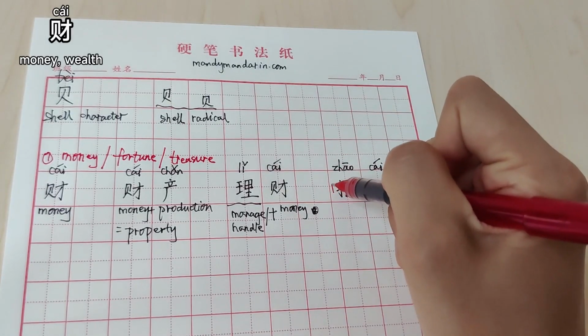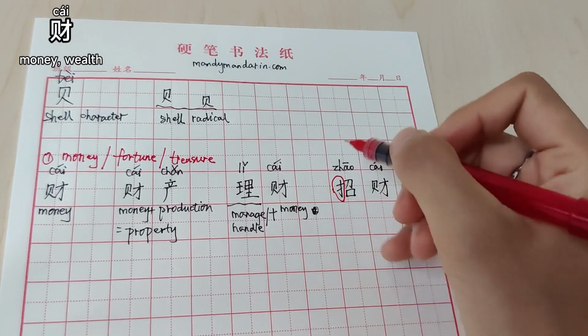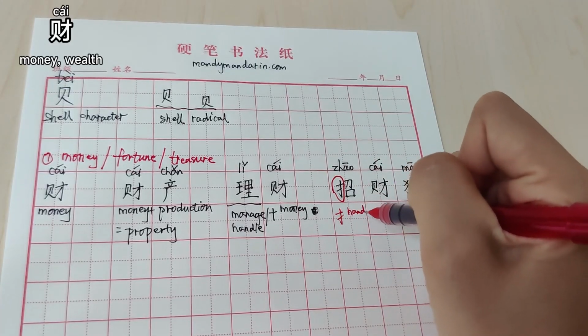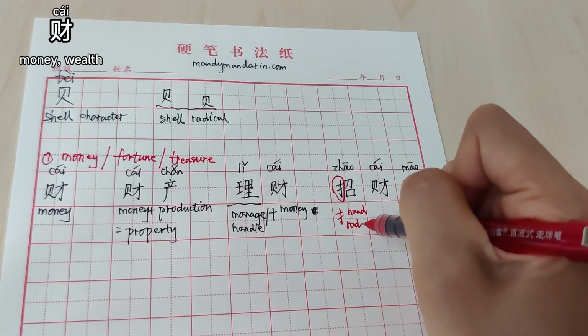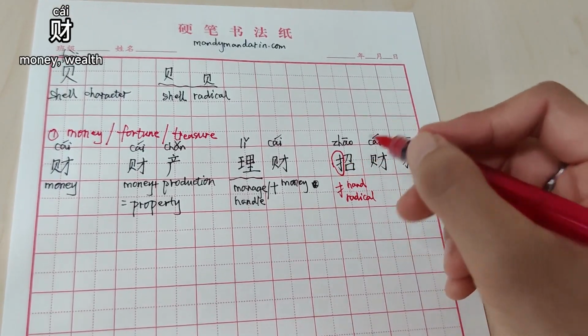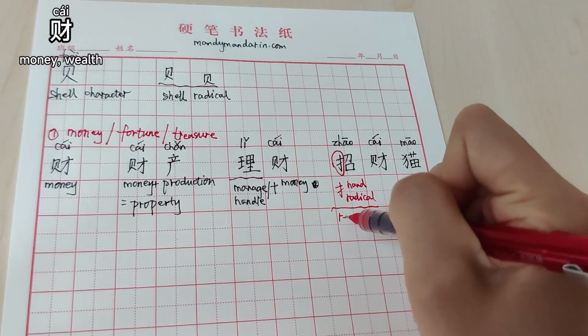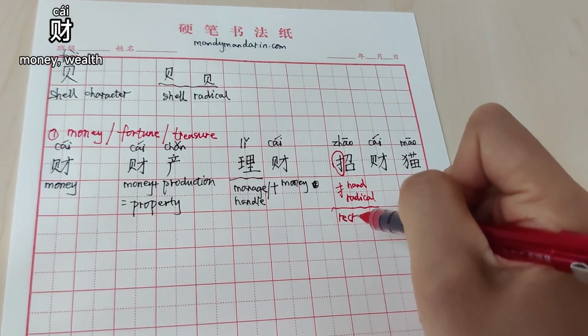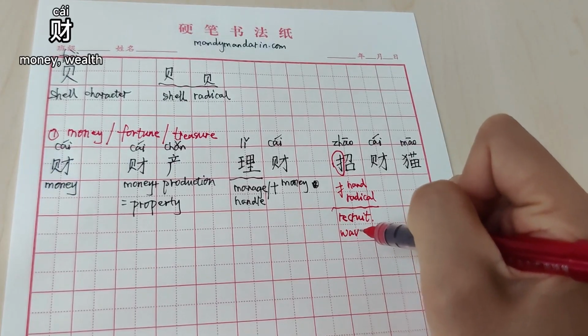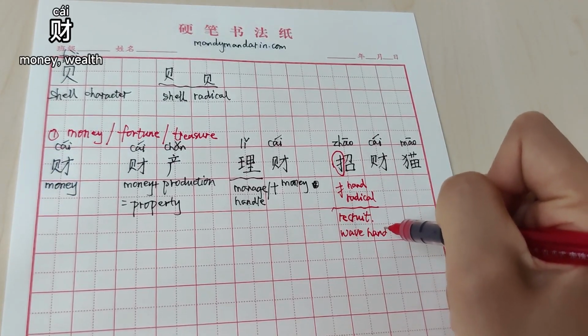You can see on the left side of the 招, here is the hand radical. So it has something to do with the hand. And 招 could mean recruit or to wave hand.